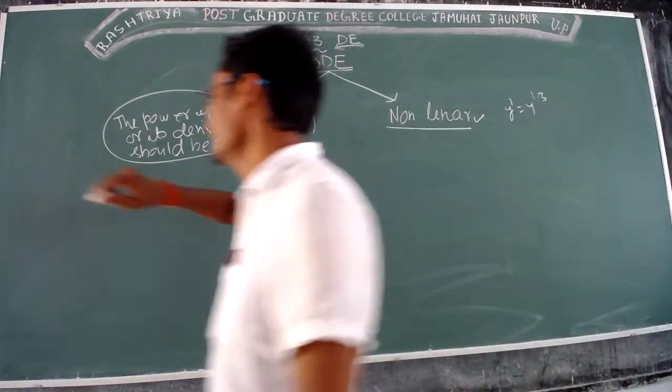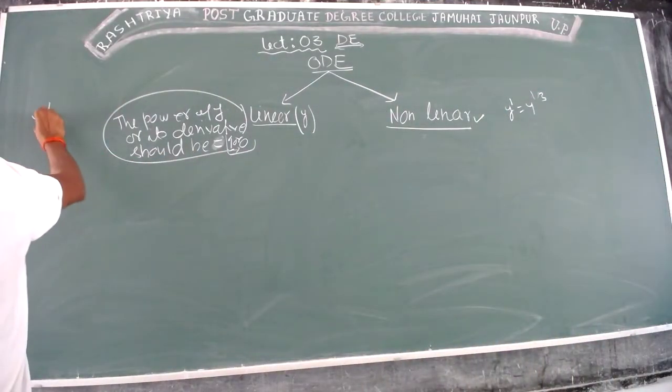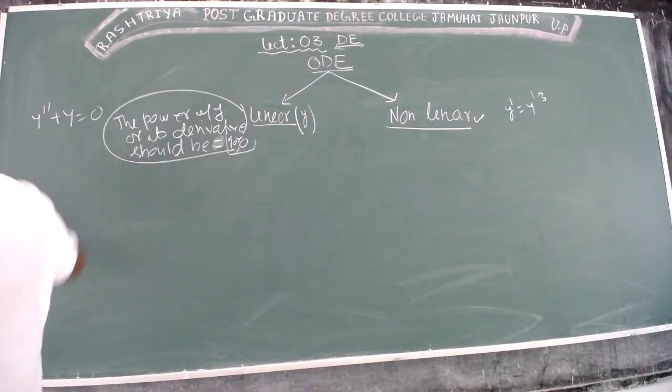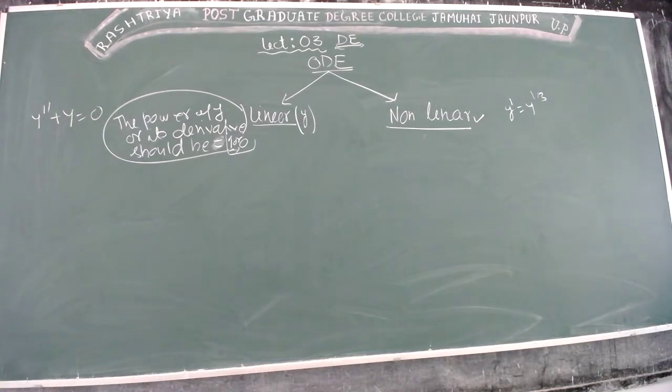One example: y double dash plus y is equal to 0. This is a differential equation in y; the second derivative of y has power 1, and y has power 1. Another example: y dash is equal to sin x whole squared. This is also linear. Why?